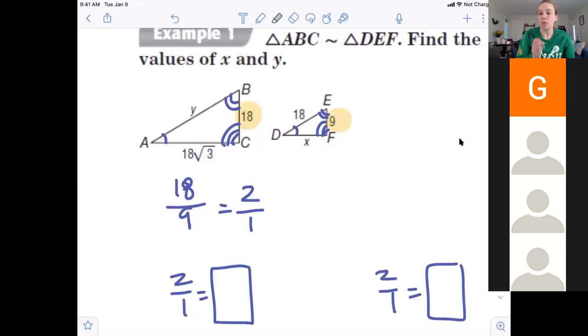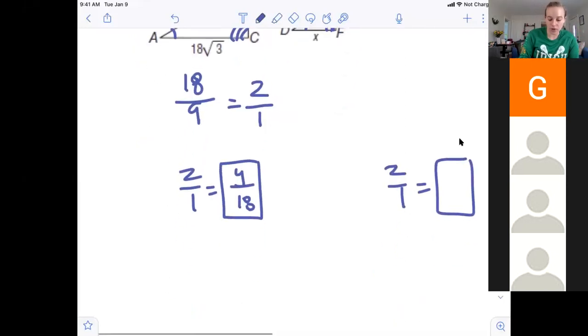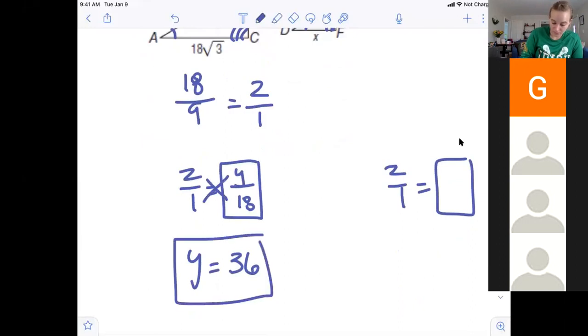Y over 18. Good, Gavin. Y over 18. So I've got y over 18, and that's going to be a really easy problem to solve. 1 times y is just y, and then 2 times 18 is 36. Oh, nice. I don't even have to solve. Y equals 36. Easy.